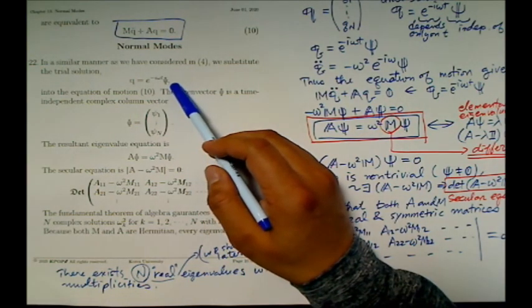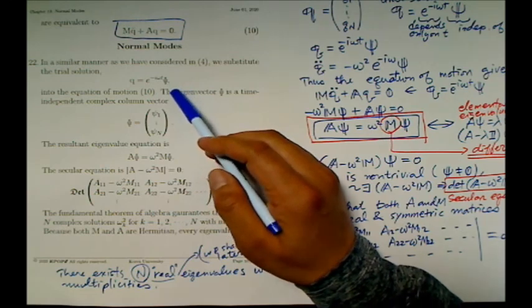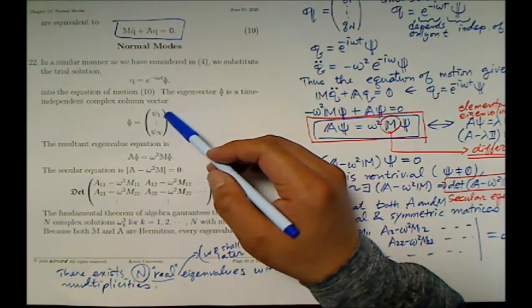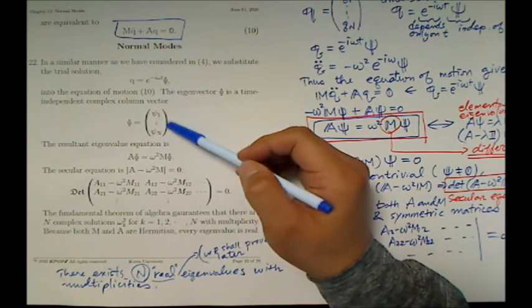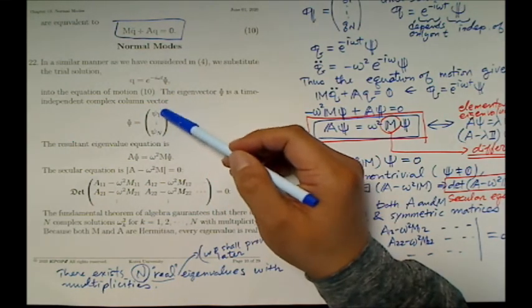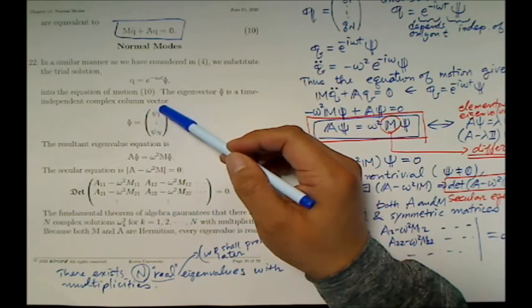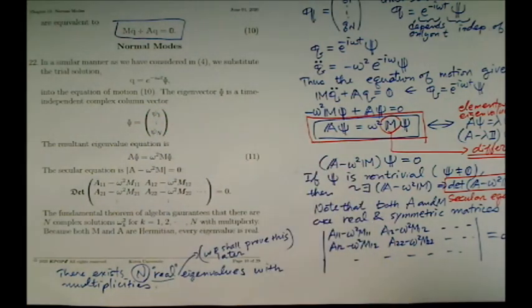Now, this eigenvector should be independent of time. The eigenvector is a column vector whose coordinates are independent of time.